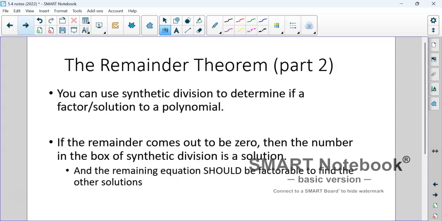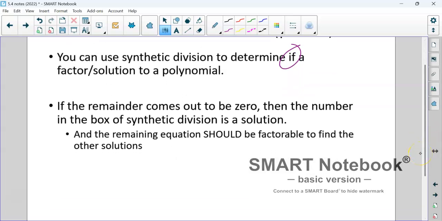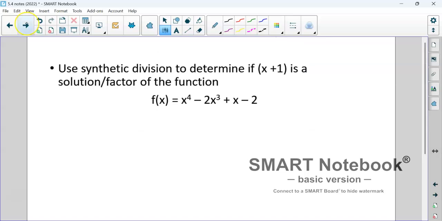Now, part 2. You can use synthetic division to determine if a factor or solution to a polynomial. So if the remainder comes out to be 0, then the number in the box is a solution. And the remaining equation should be factorable to find other solutions. So x plus 1.